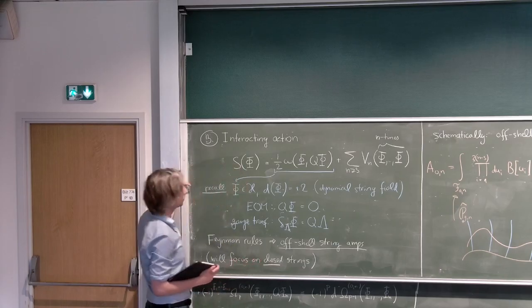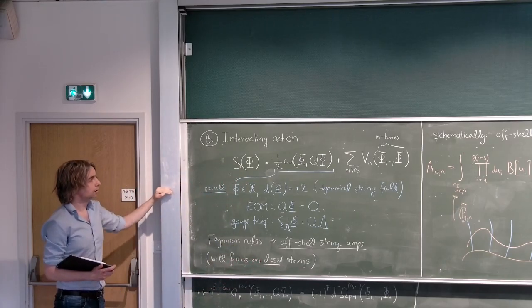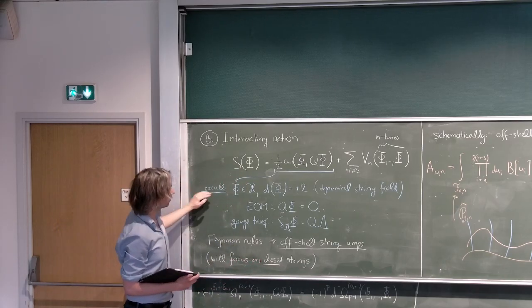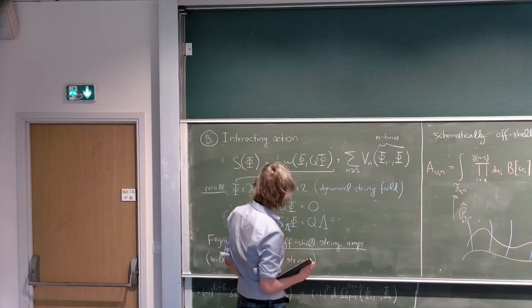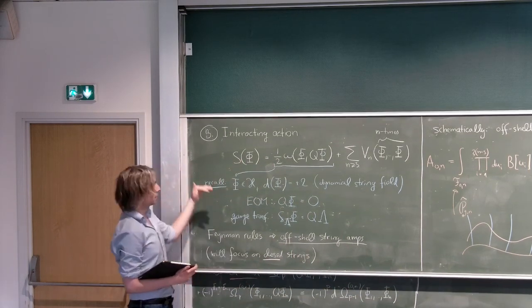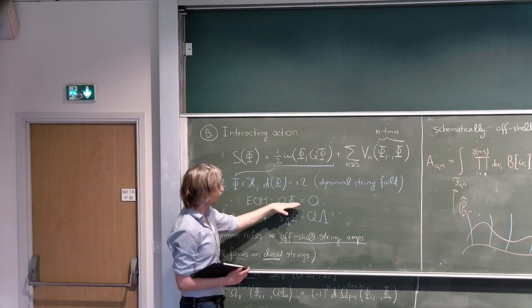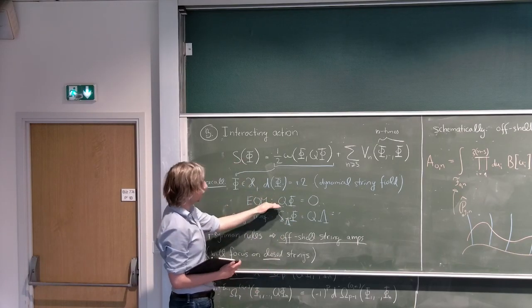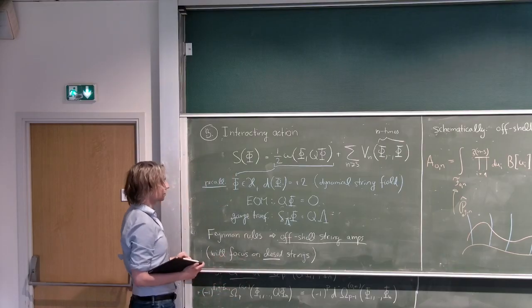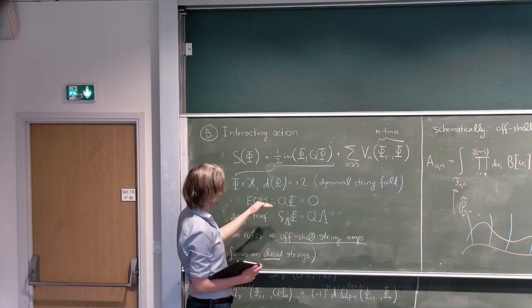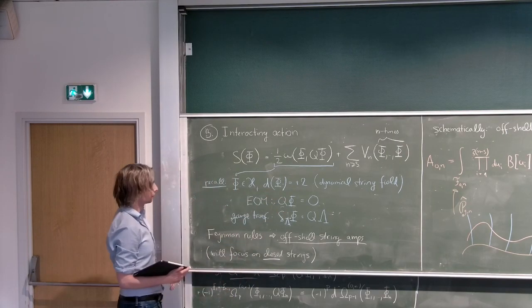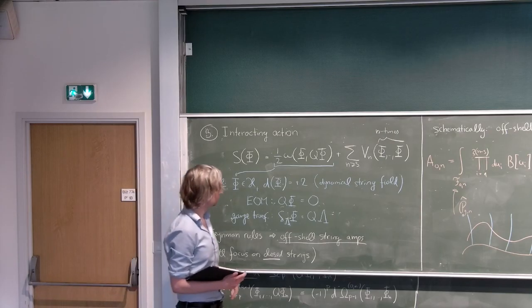So that will be one of the messages which I'll try to convey also today. But continuing in the recap, we saw that if we just focus on this kinetic term, when we vary it, we derive an equation of motion which is precisely equivalent to the statement that the state is physical. It's BRST closed, an element in BRST cohomology.